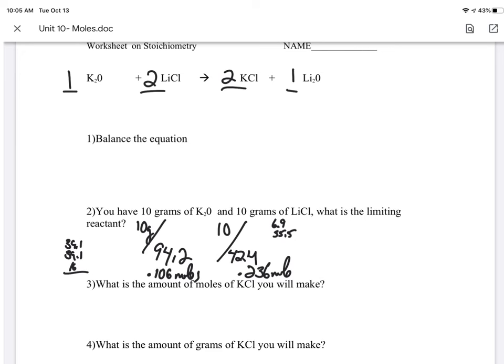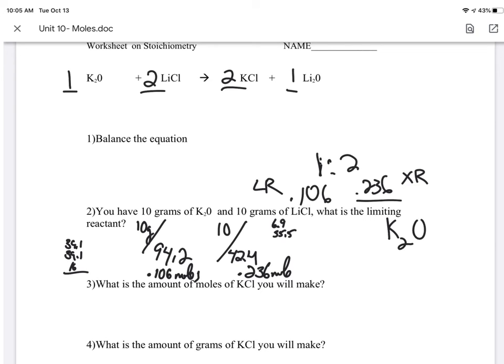Now, the ratio here from this problem is supposed to be 1 to 2. Okay, but I have 0.106 and 0.236. This is excess because there is more than twice as much. This is the limiting reactant. So K2O is the limiting reactant.